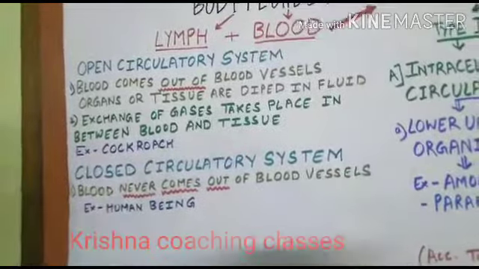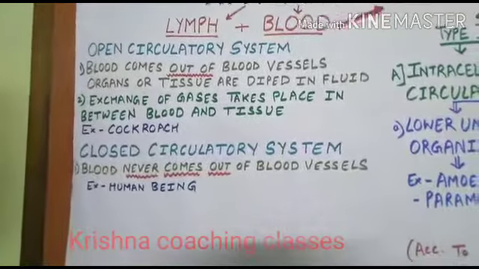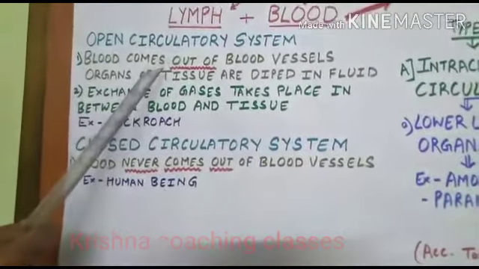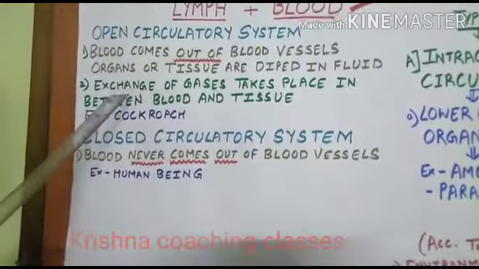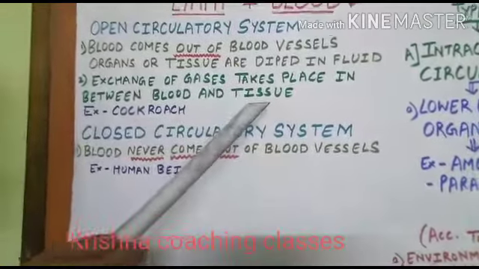The organs are dipped, and from that they take their blood. The organs or tissues are dipped in the blood. That is how the exchange of gases takes place between blood and tissue.